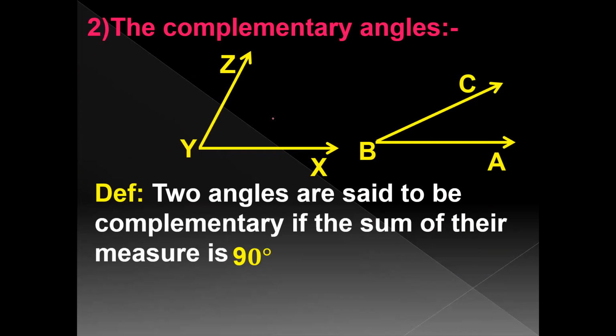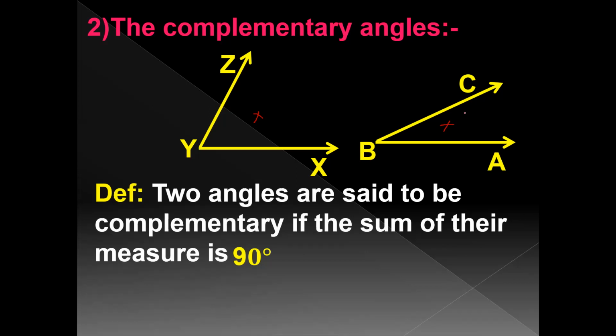The two angles are said to be complementary if the sum of their measures is 90 degrees. If we add the measure of the first angle and the measure of the second angle, and their sum is 90 degrees, we can say that the two angles are complementary angles.